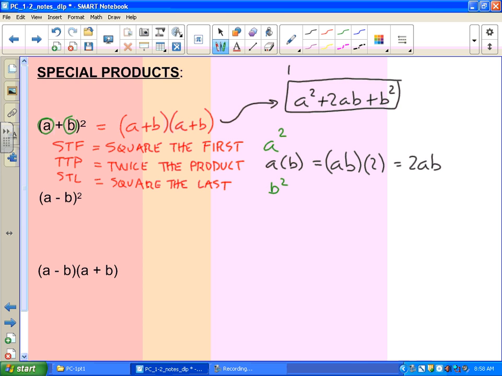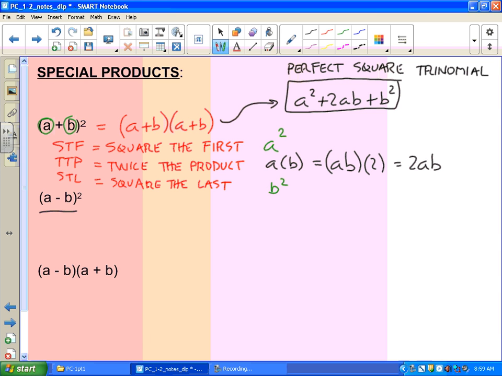And again, it's called a perfect square trinomial. So if you recognize a pattern of something that is an a squared plus 2ab plus b squared, we can factor it to a plus b quantity squared.